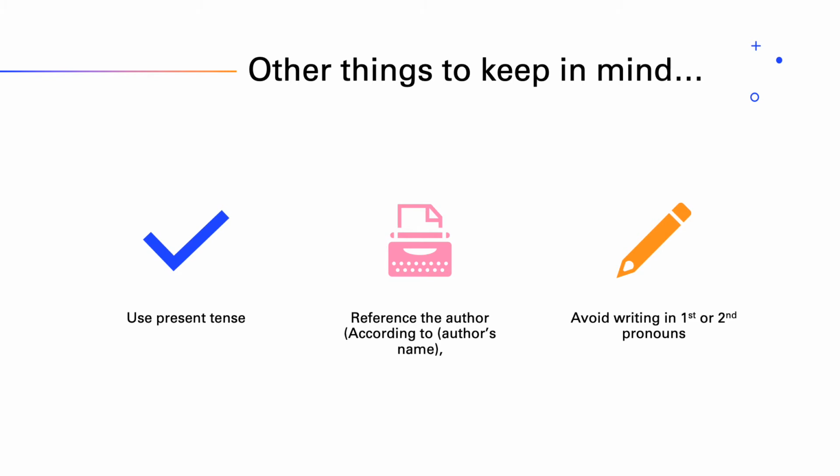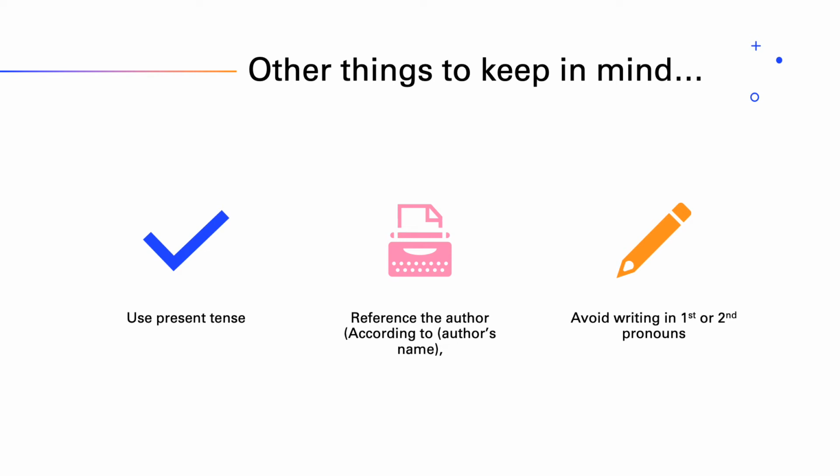Some other things to keep in mind. When you're writing a summary, you want to use present tense. So instead of saying the author wrote about, use words like the author writes about, the author discusses, the author is telling us. We don't want anything in the past tense. Reference the author according to the author's name.